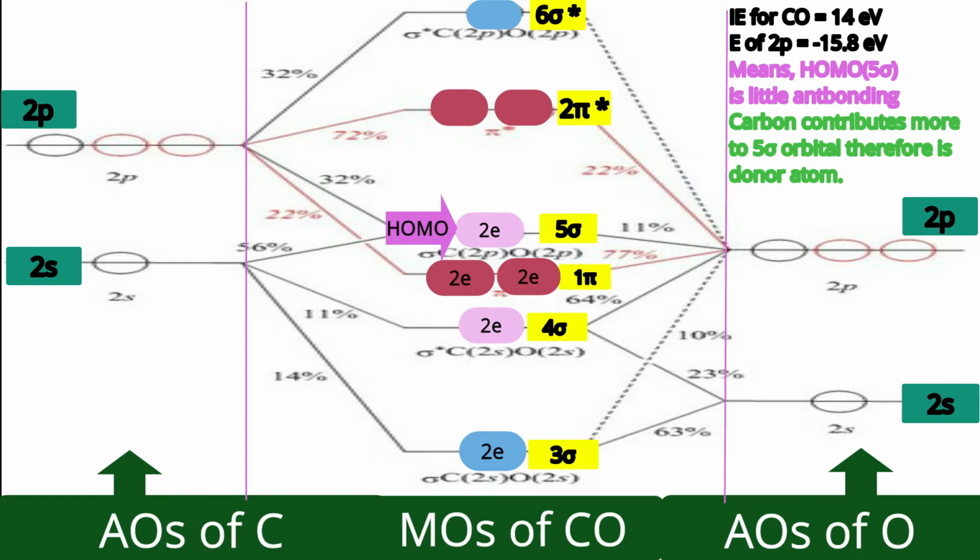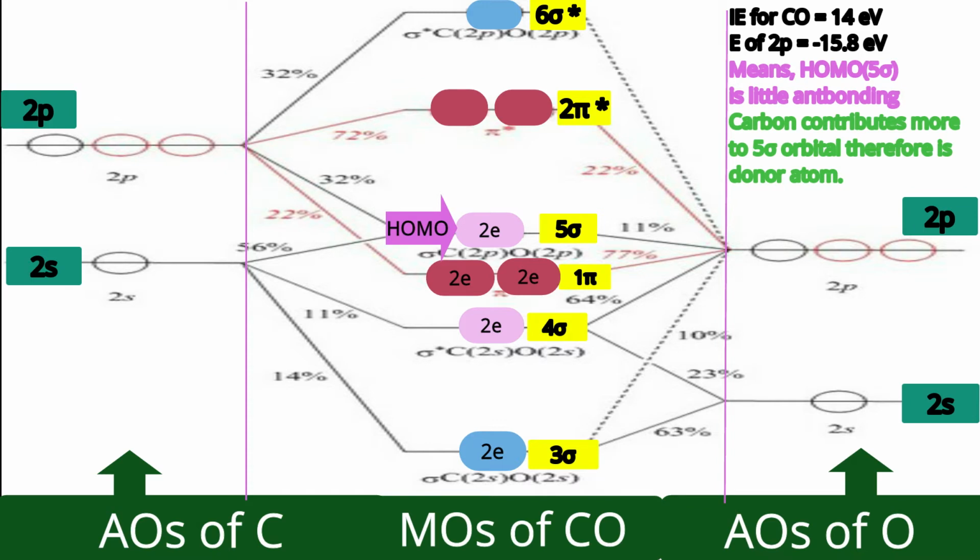Now come to the 4 sigma orbital. This 4 sigma orbital is majorly obtained from the 2p orbital of oxygen. Other orbitals also have a share, but I am talking about the major contribution. So it belongs majorly to oxygen.